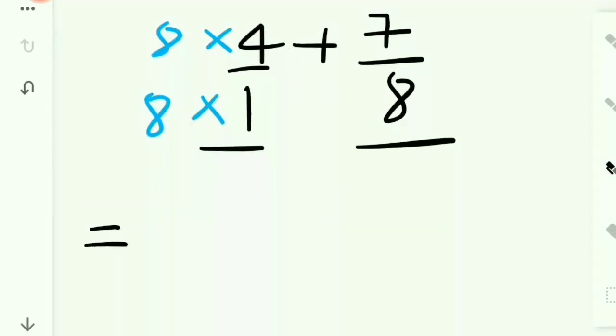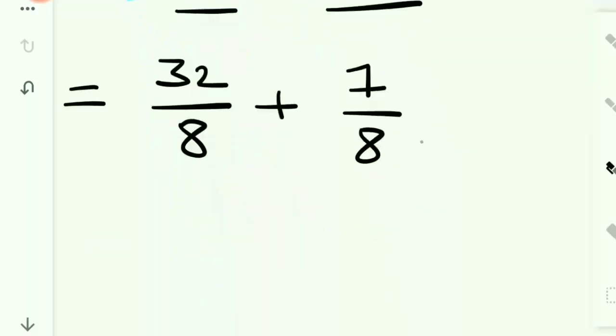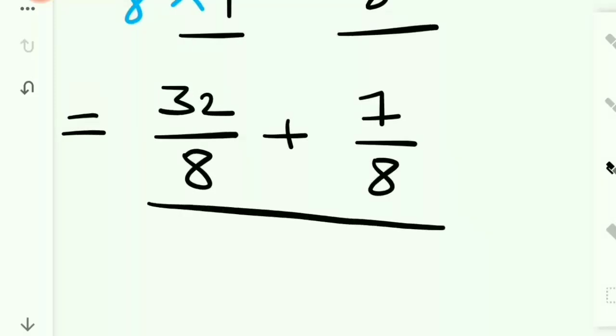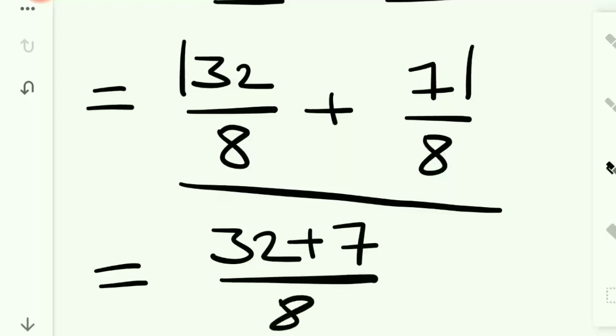In the next line I write 8 4s are 32 divided by 8 plus 7 by 8. Now I have the same denominator. Then I can add the numerators of these two numbers. 32 plus 7 divided by 8.